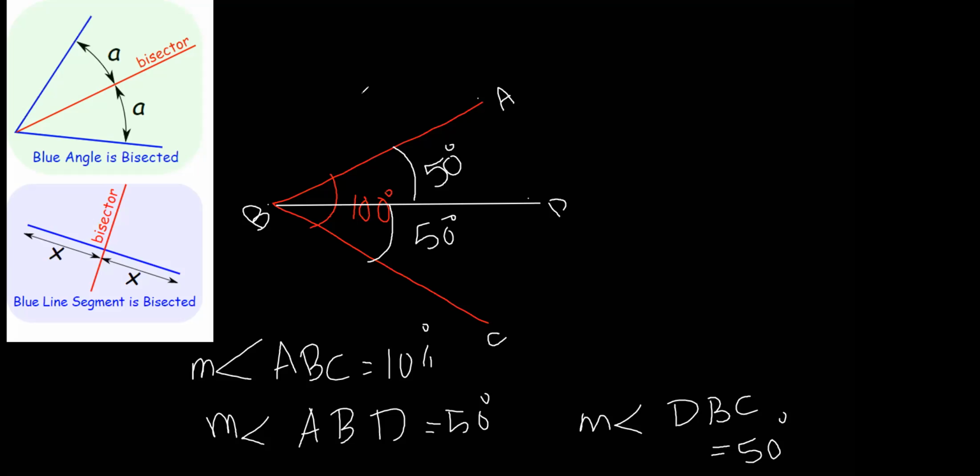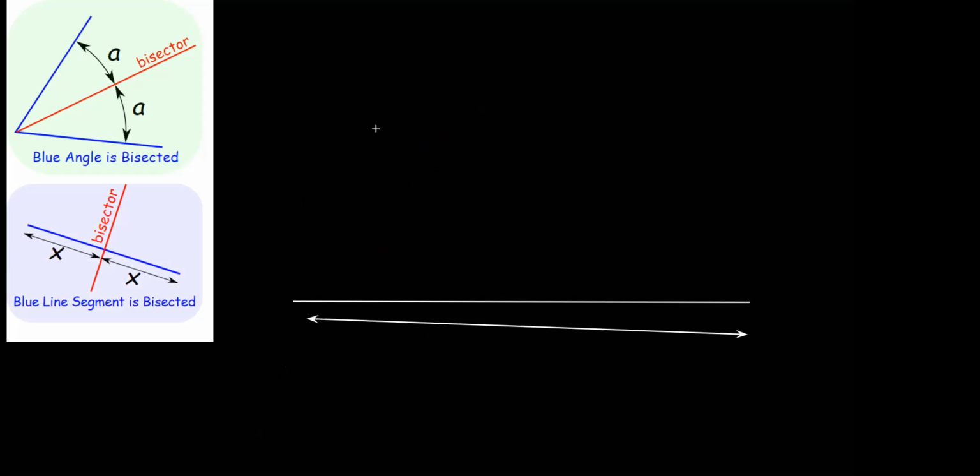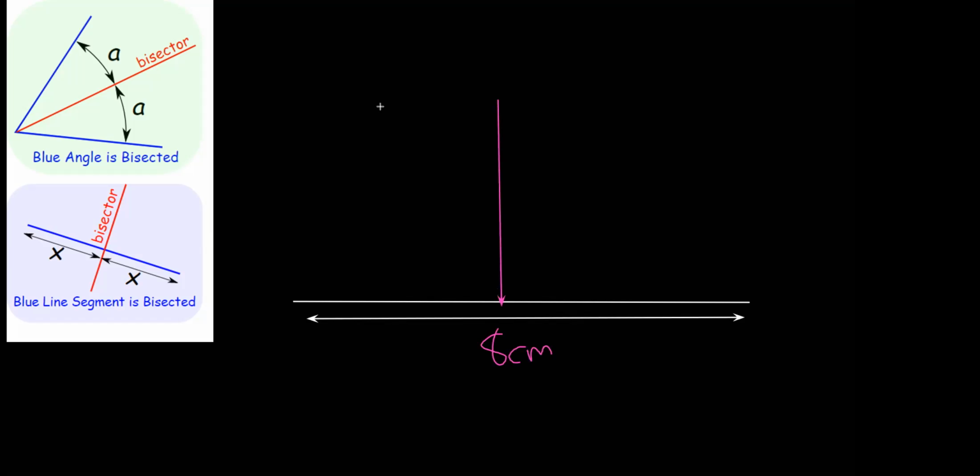And also, if I have a line like this, and the length of this line is 8 centimeters, and a bisector comes and cuts this line, how will it be?